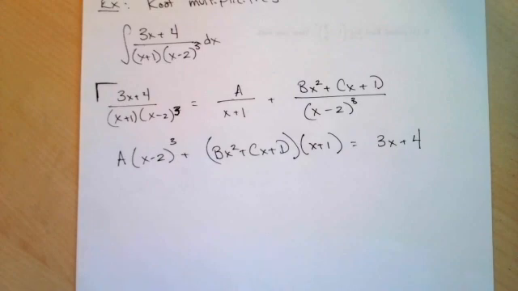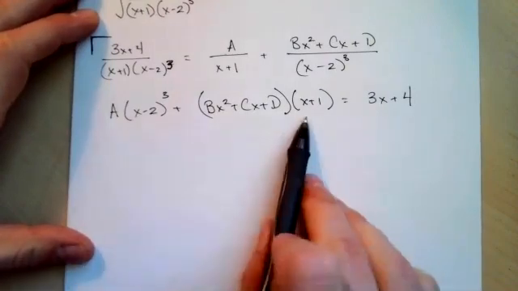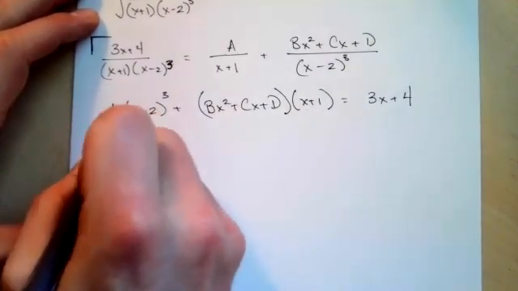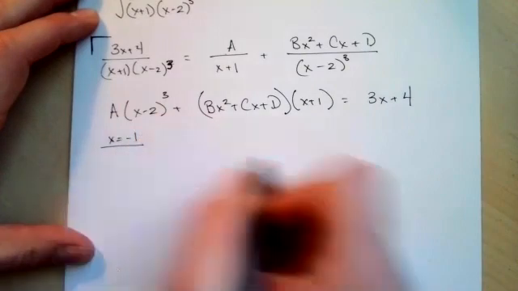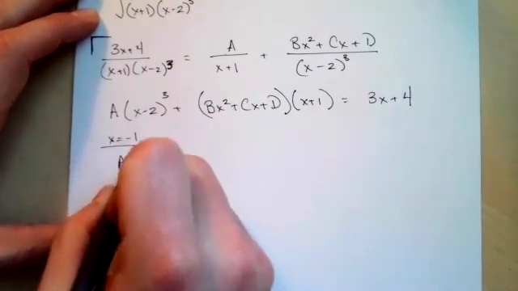And we can use a little bit of tricks here, picking nice values of x. Again, since we have linear factors, we can check x equals -1, and that'll give us a times -3 cubed.